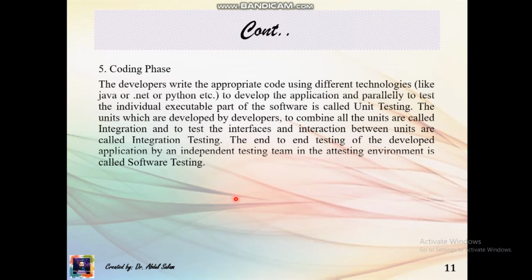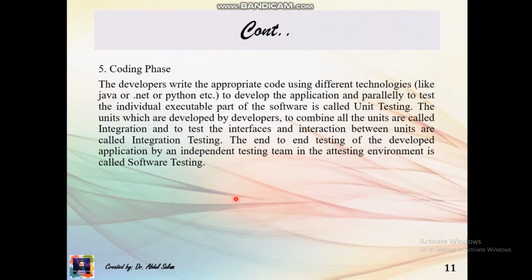Coding phase. The developers write the appropriate code using different technologies like Java, .NET, Python, etc. to develop the application, and in parallel test the individual executable parts of the software, which is called unit testing.